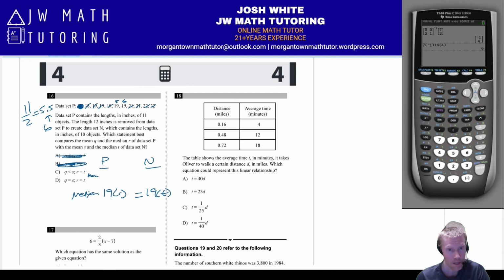Okay? Now, for the mean, first I'll show you the reasoning way through it, and then I'll give you the actual values. If you look at the original set, we have 11 numbers here, and you could add them up and then divide by 11.